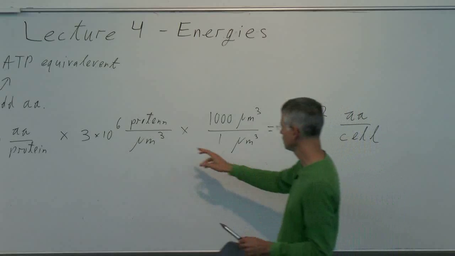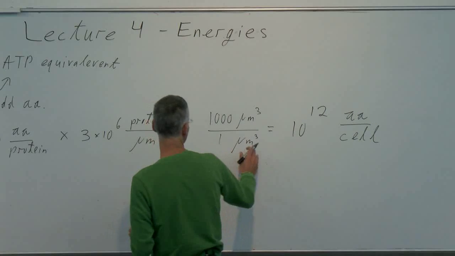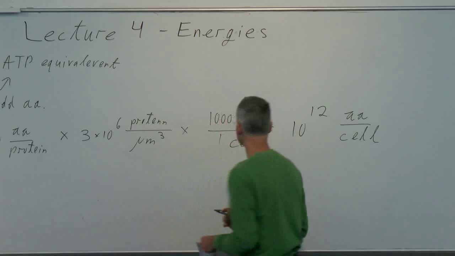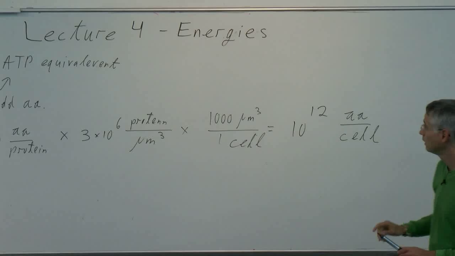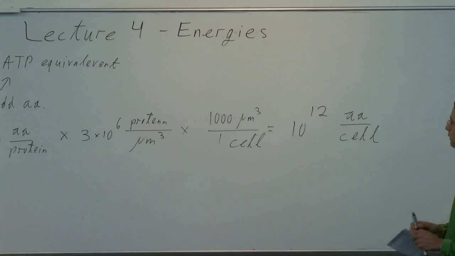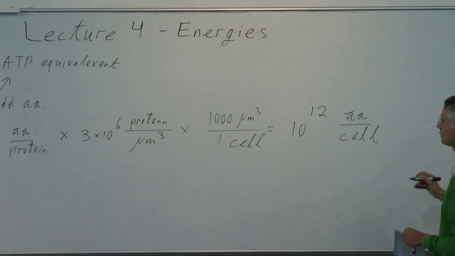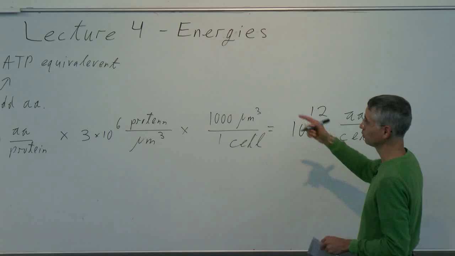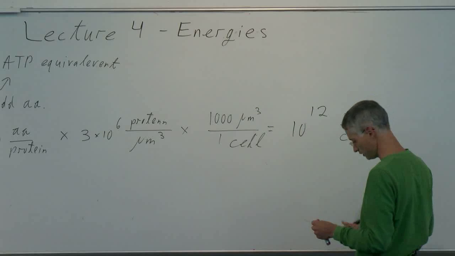Yeah, that was proteins per micrometer cubed, which is like a cell. Yeah, you're right. This is the way to do it. Thanks. Okay. And now I have 4 ATP equivalents in each one. So that means that in order to do a turnover, I would need 4 times 10 to the 12 amino acids.